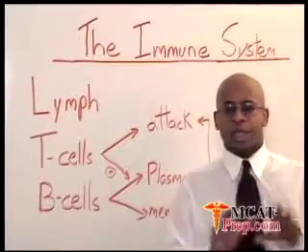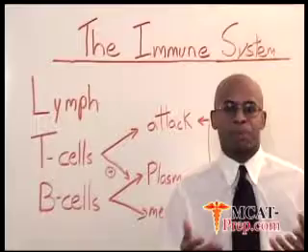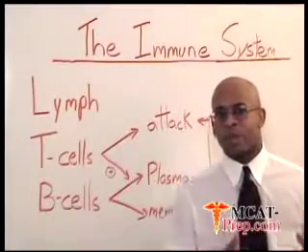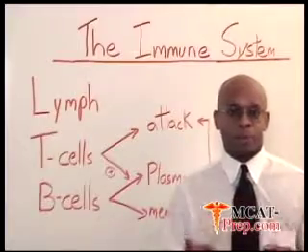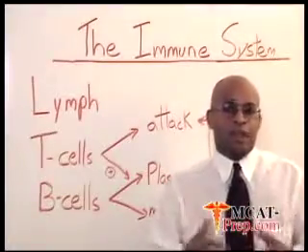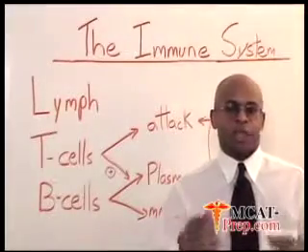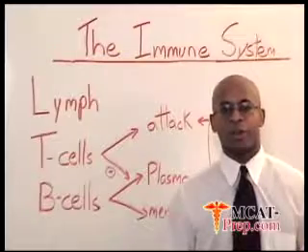The red pulp is not part of the immune system. It's red, and it stores blood cells. The spleen is sometimes called a blood-storing organ. The white pulp is part of the immune system, and it filters infection and fights it off, so it's a very important part of the immune system.